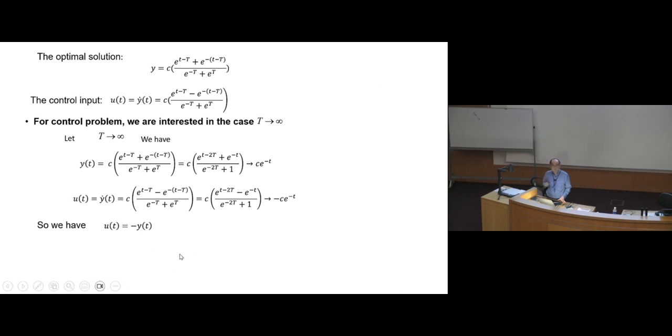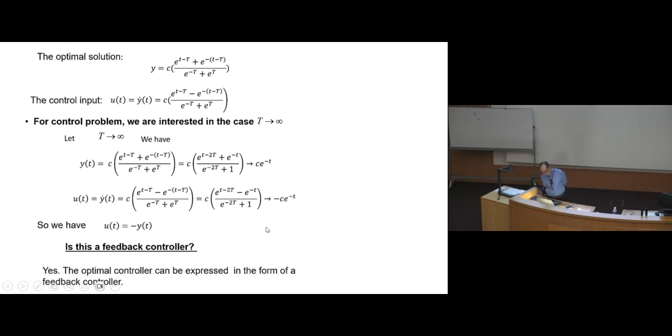So the optimal solution, when t goes to infinity, we can show that this is actually just this, right? You can say the input depends upon the output. Is this a feedback control? This is a feedback controller, right? We can show that it is actually equivalent to a feedback controller.